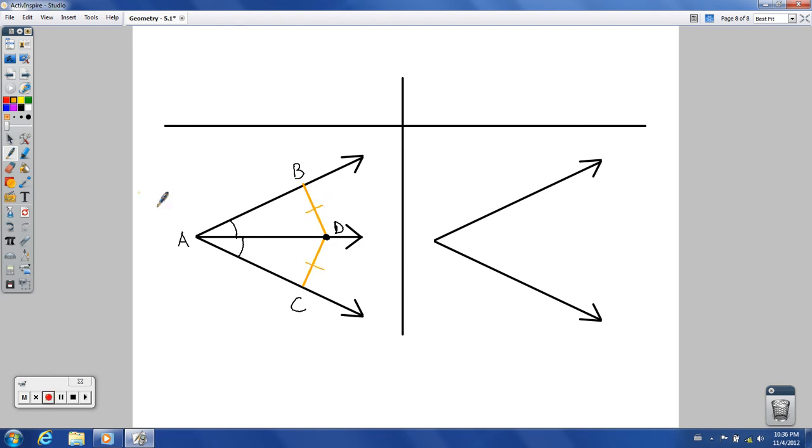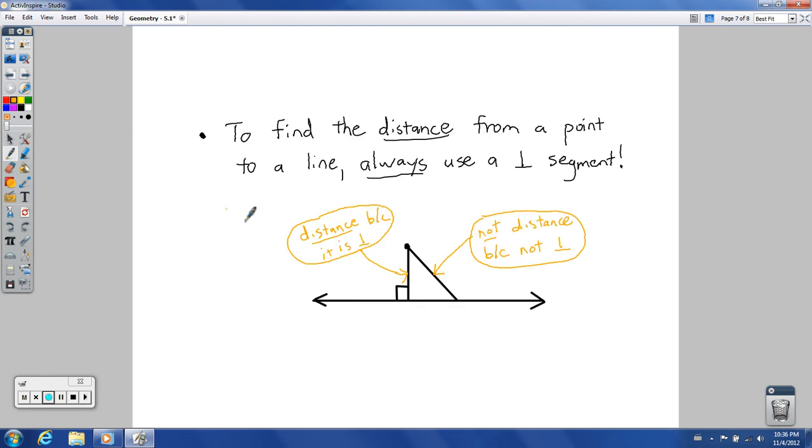I should actually say the stuff in black is true to start, and then AD is the angle bisector now of angle BAC. If that's true, where AD is angle bisector, that means that the distance from B to D would have to be the same as the distance from C to D. And to designate that it's actually a distance, remember we have to say the distance is the perpendicular segment here.